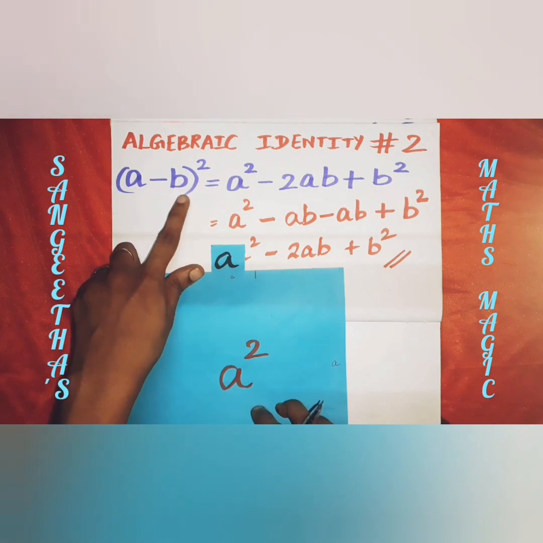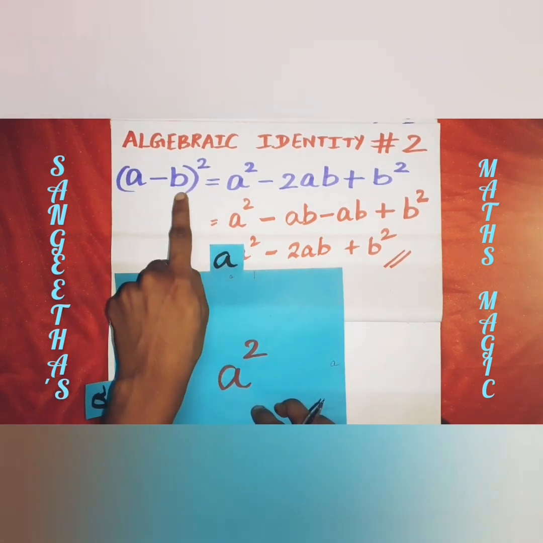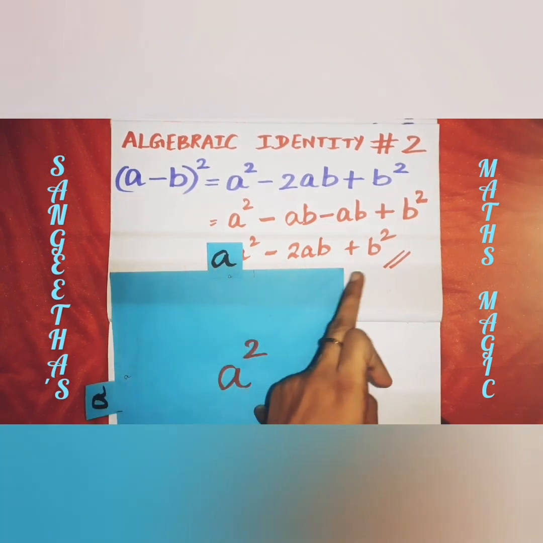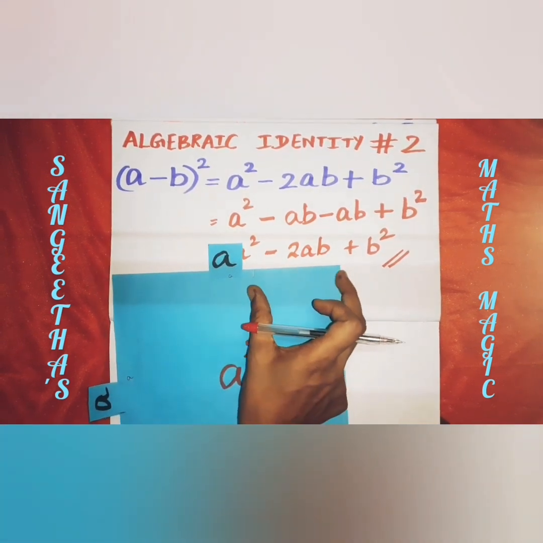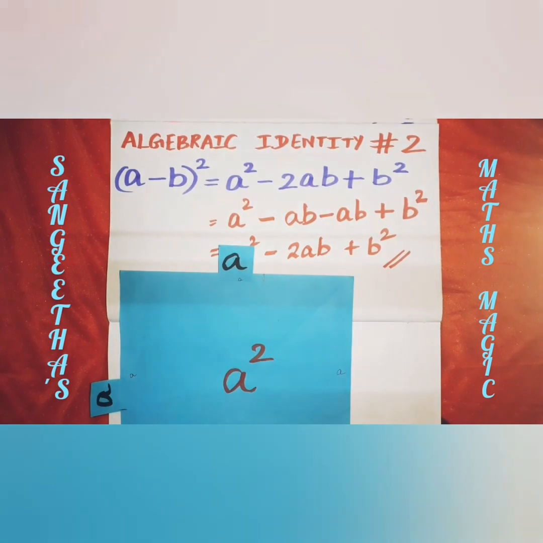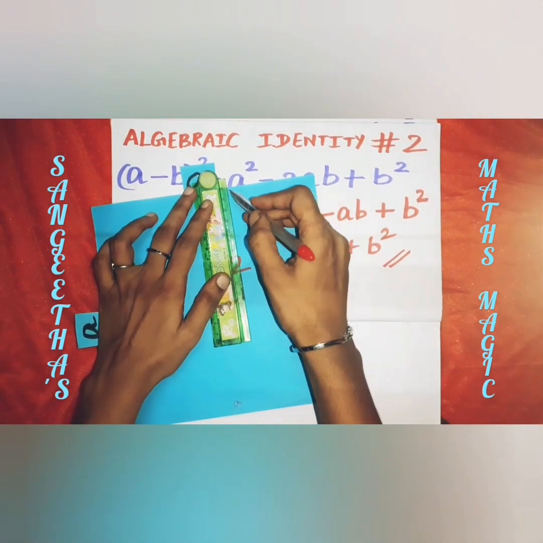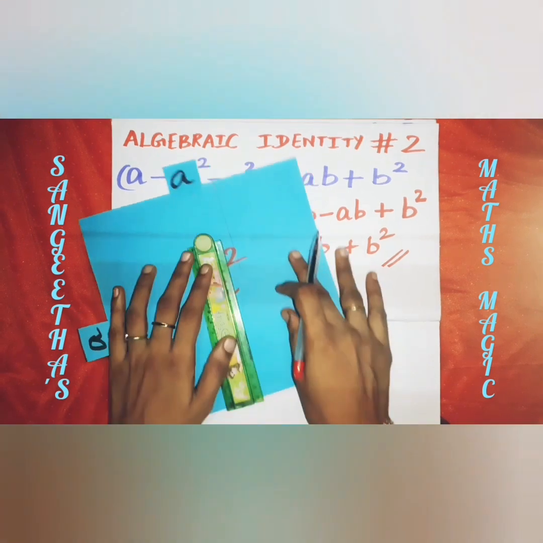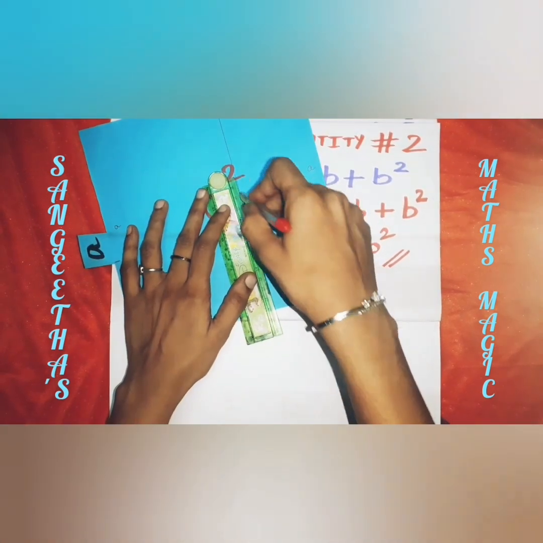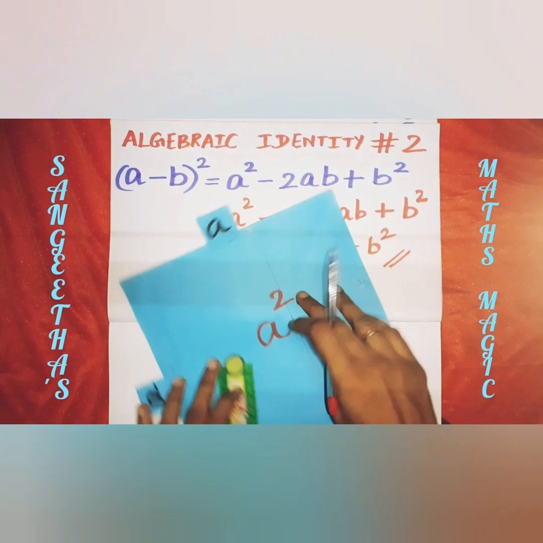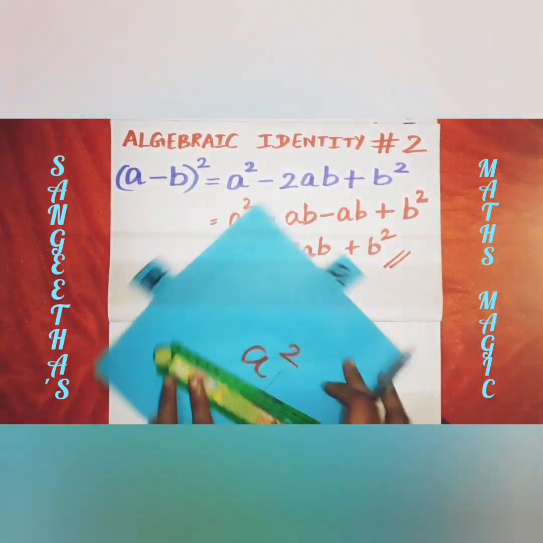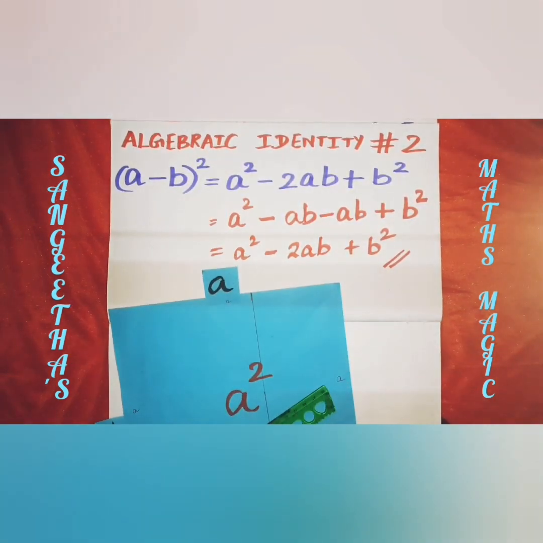So a minus b. They are asking us to subtract, take away some b measurement from the a measurement. So I just take some measurement to be b, and from the total a, I'm going to deduct the b. It can be anything, whatever you like.